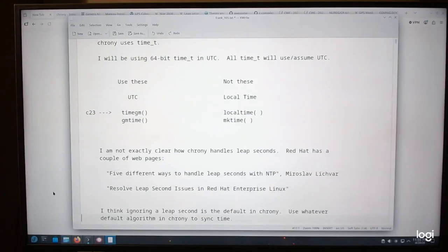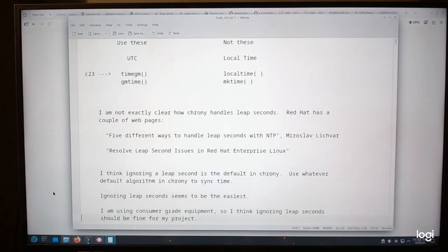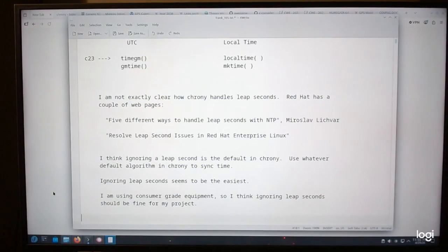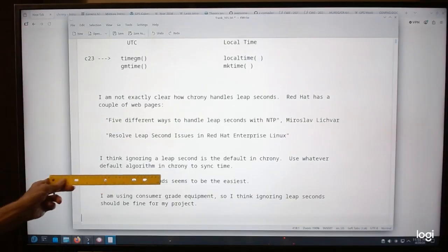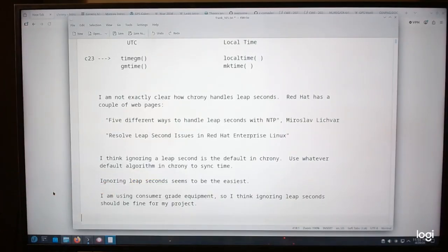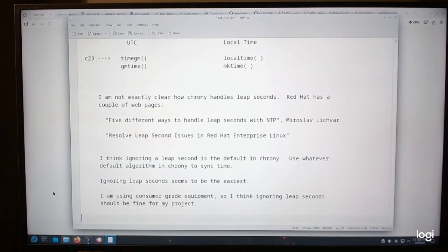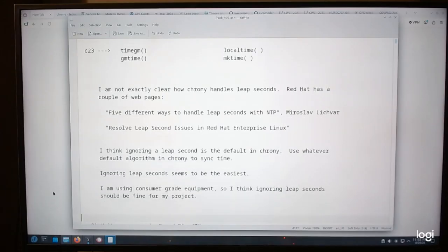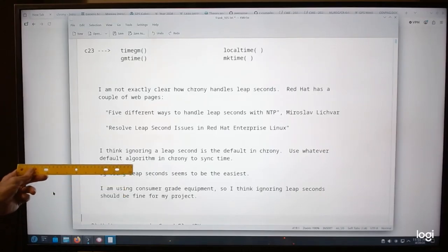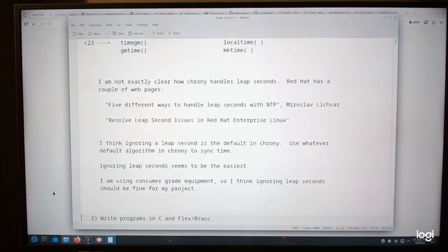I'm just going to ignore leap seconds and use whatever the default algorithm is in chrony. I believe that's the easiest. I'm just using consumer grade equipment, so I'm ignoring them and letting whatever the default is for chrony handle it.